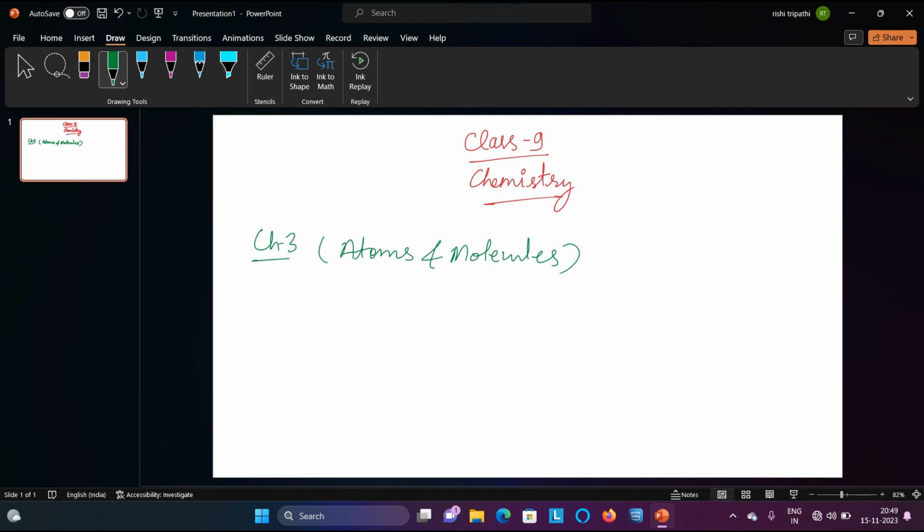Meaning a chemical reaction must be balanced. You cannot create an atom and cannot destroy an atom in a chemical reaction.